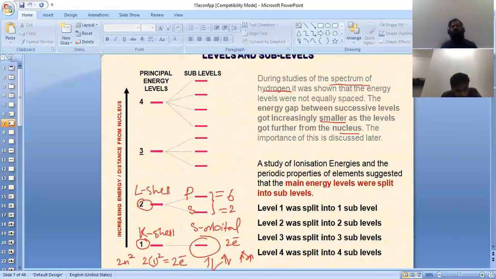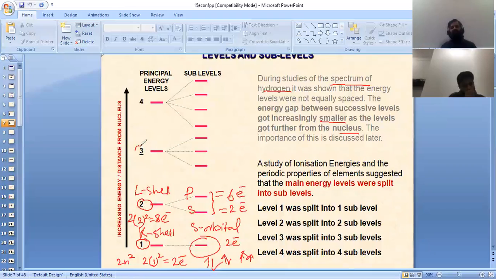So in the L shell, n equals 2, 2 times 2 square, total 8 electrons, but these 8 electrons were arranged in 2 suborbitals. In the first, the s orbital, there will be 2 electrons, and the remaining in the P subshell or P orbital. So overall 8 electrons were completed here.